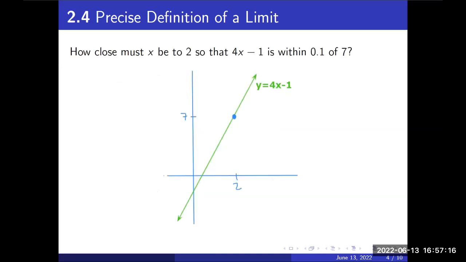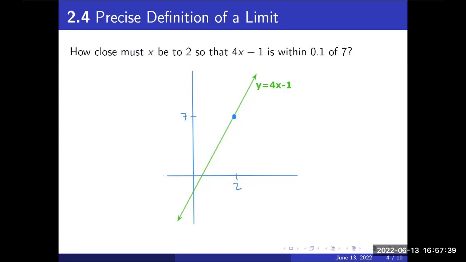How close must x be to 2 so that 4x minus 1 is within 0.1 of 7? All right, there's the graph, more or less, of y equals 4x minus 1. It's got a y-intercept of negative 1 and a pretty steep slope of 4. That's basically what it looks like, give or take.